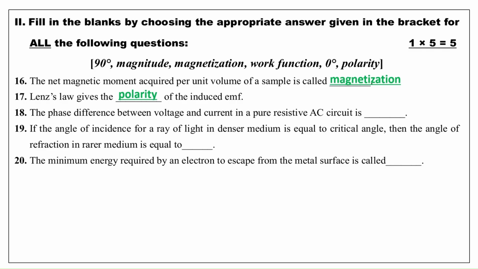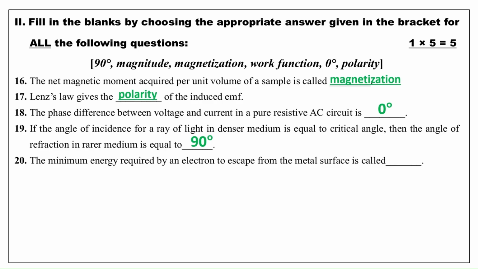Answer is 0 degree. Next. 19. If the angle of incidence for a ray of light in denser medium is equal to critical angle, then the angle of refraction in rarer medium is equal to dash. Answer is 90 degree.